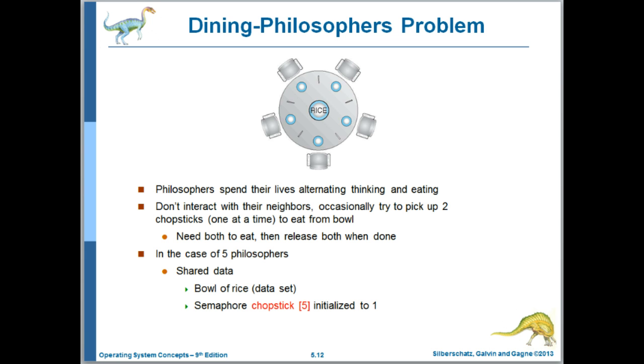And in order to eat, when a philosopher wants to eat, he or she has to acquire 2 chopsticks, the one to the immediate left and the one to the immediate right. So in terms of the data, you can see that at the bottom. The rice represents the data set, and the chopsticks are represented by 5 binary semaphores.